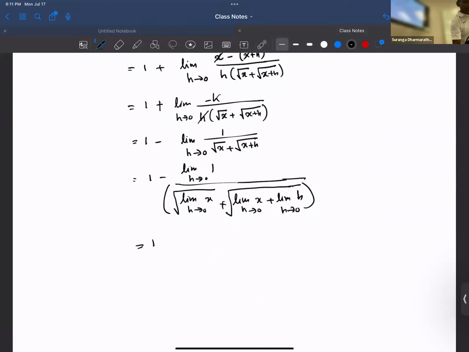And this is 1 minus, this is 1, as h goes to 0, 1 is equal to 1. What is this? The limit as h goes to 0 of x. What is the answer for that one? What is this limit? When h goes to 0, what happened to x?